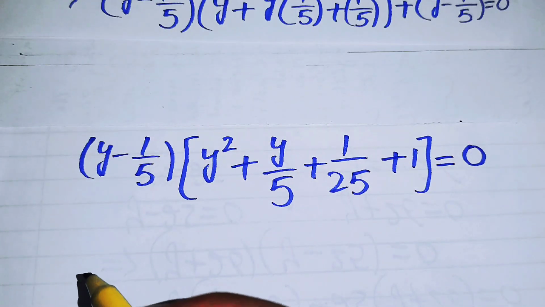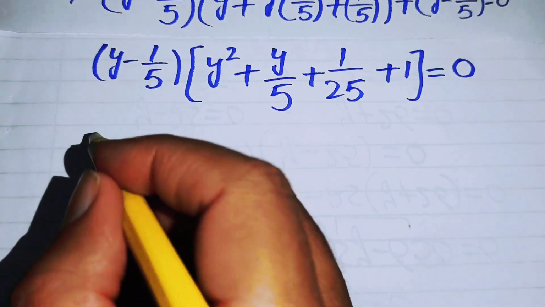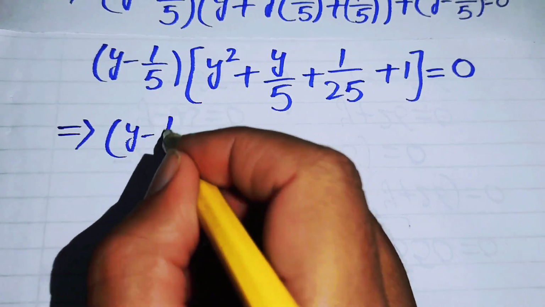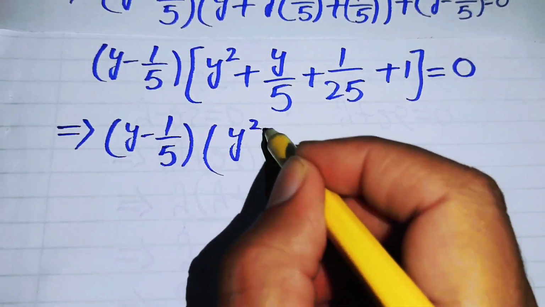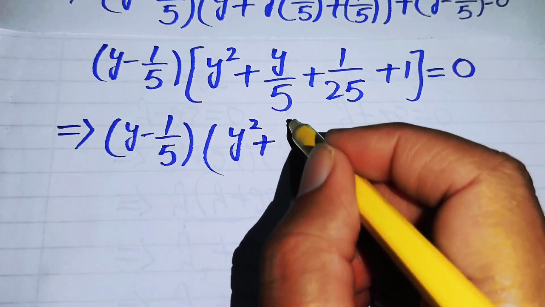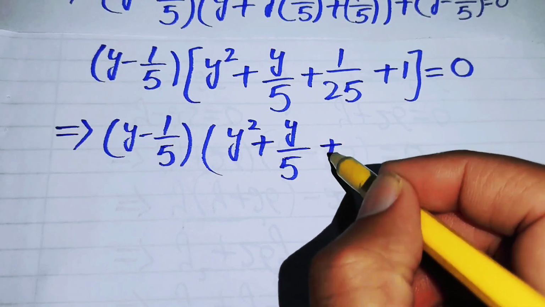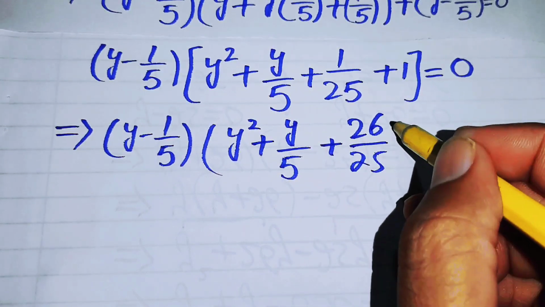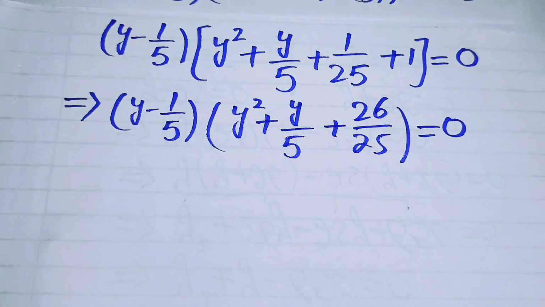So in the next step we will just rearrange the terms and write it as y minus 1 over 5 into y squared plus y over 5, and when you take the LCM of these terms you will get 26 over 25, and this whole equation equals 0.